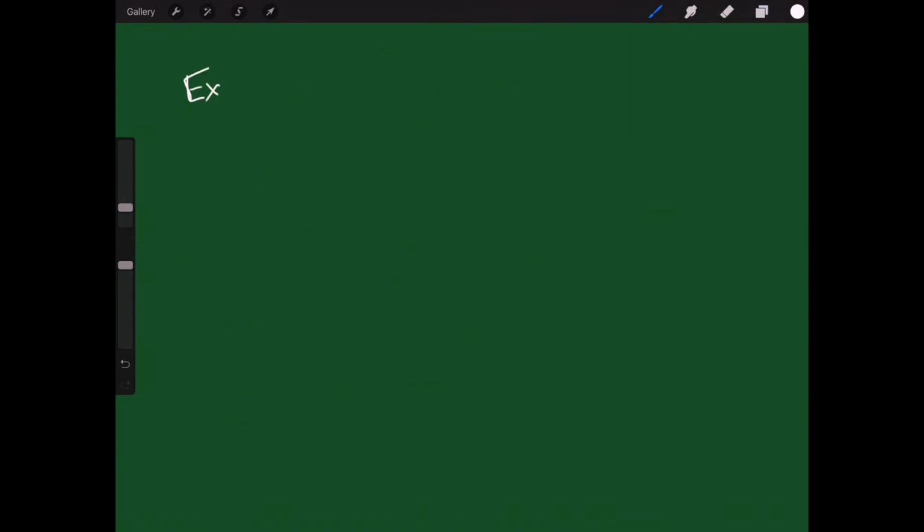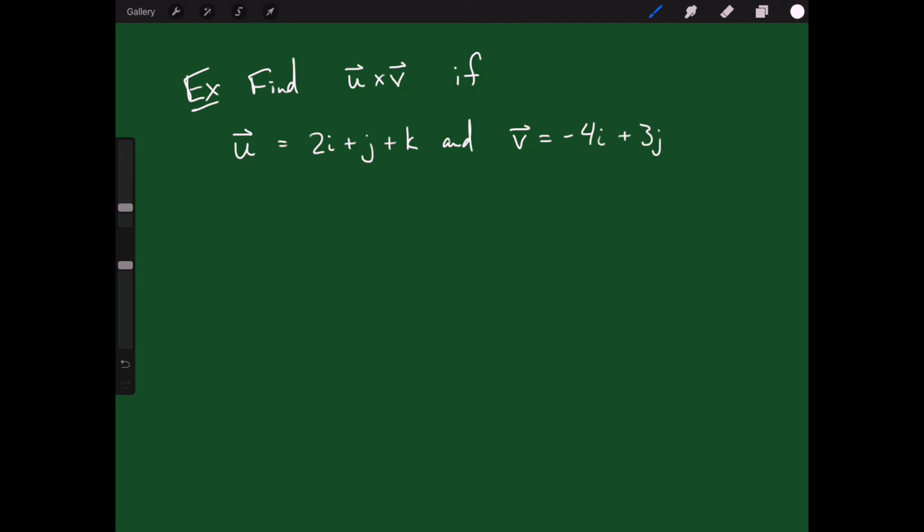So an example, let's find U cross V if the vector U is equal to 2I plus J plus K, and V is equal to negative 4I plus 3J plus K.